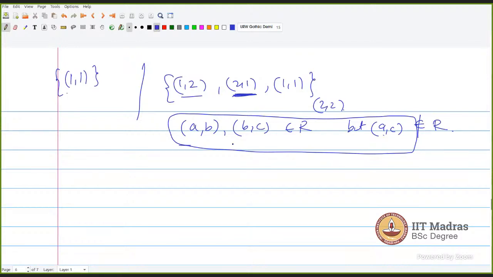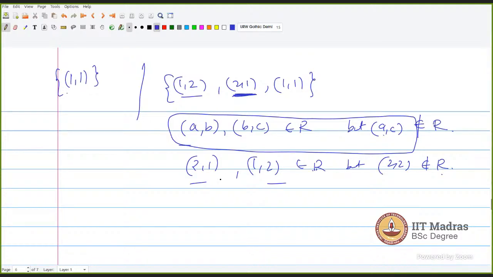So here, I found 2 comma 1, 1 comma 2 belonging to my R, but I cannot see 2 comma 2 in my R. That means 2 comma 2 is not there in my R, bringing a contradiction to my property. So I have 2 elements with me. I don't have my third element. So I say this is not transitive.